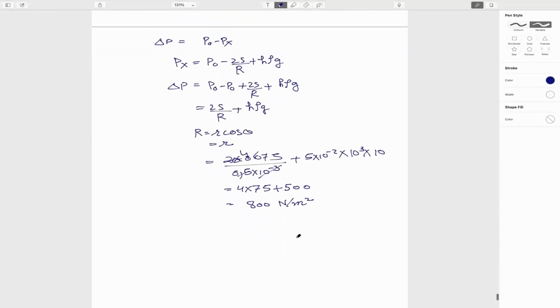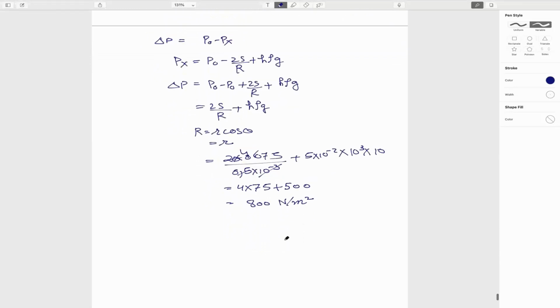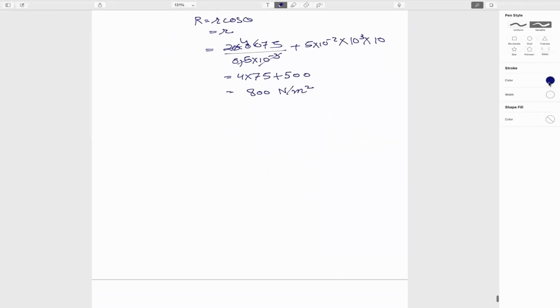Okay. Now let's look at one previous year JEE question. The question is, we are given a capillary of different shape, a capillary of this shape. This angle is alpha.